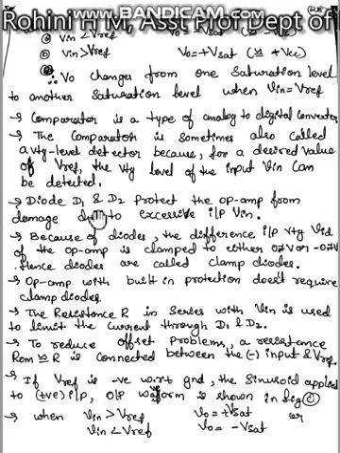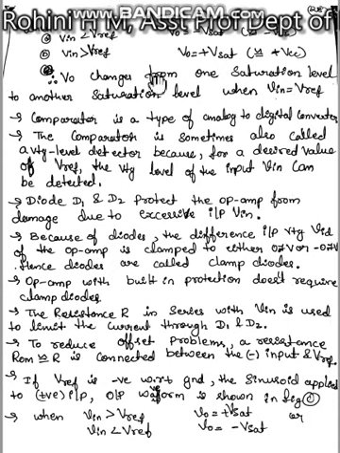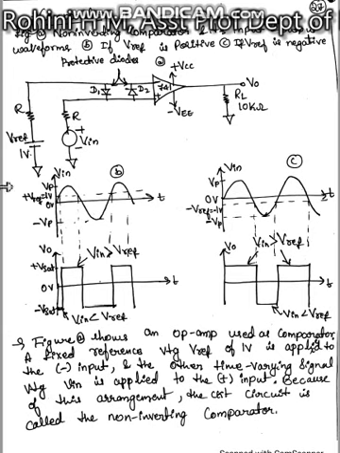In the circuit we are connecting two diodes, D1 and D2. What is their significance? D1 and D2 protect the op-amp from damage due to excessive input Vin. If Vin is very large, it is stabilized by these diodes.